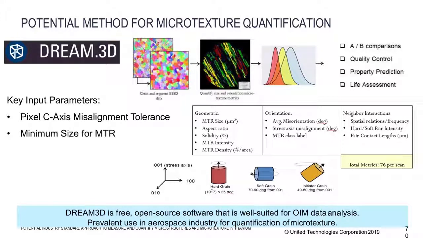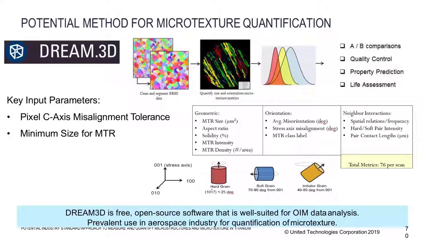It'll segment your pixels together, going from a pixelated map, based on the way EBSD is collected. It's every step size, every 3 microns, every 5 microns, you collect a data point, and now you have to segment all the features into individual grains, or as we'll call them, microtexture regions, MTRs.